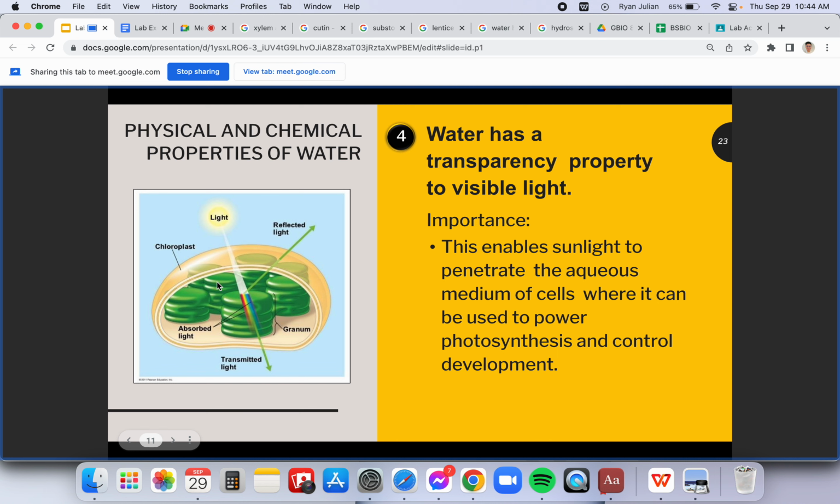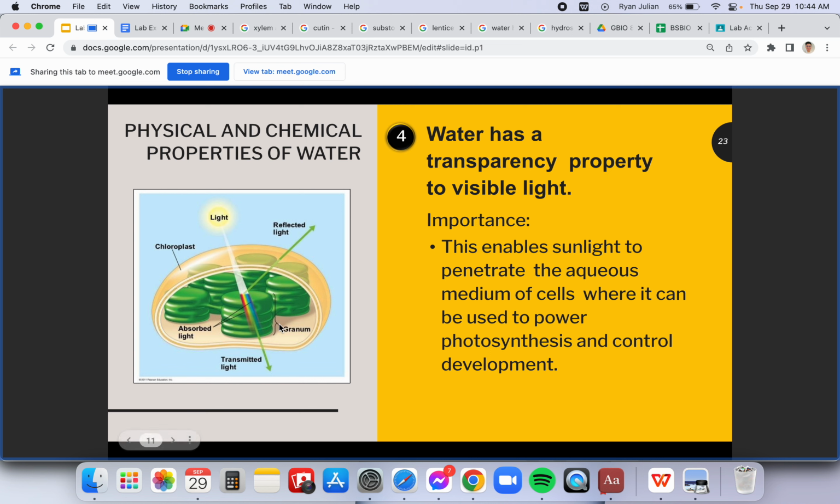Since water is transparent, it enables the light to pass through it without any inconvenience, because this cell is permeable to both molecules and other factors that can affect the growth of a particular cell. And once the light penetrates through the chloroplast, you can see here the absorbed light, or the light that has been penetrated through.